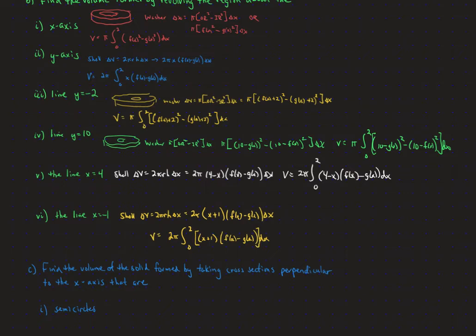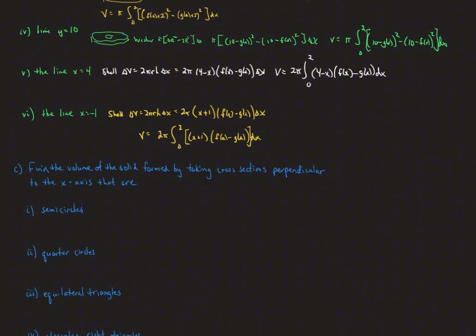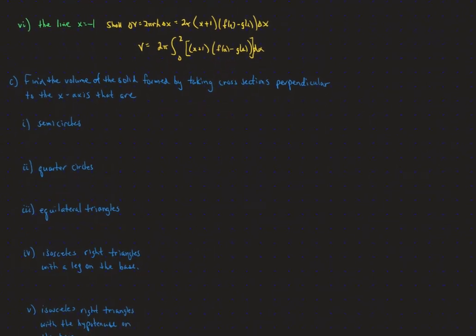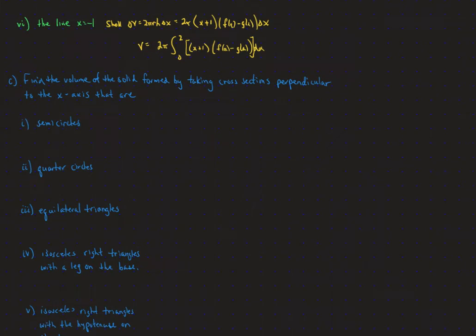Okay, now we are going to look at the solid formed by taking cross sections perpendicular to the x-axis that are first semicircles. So maybe so I don't have to keep scrolling up and down here, remember that our region is going to look something like, we got the parabola, we've got the straight line, and we've got the y-axis.